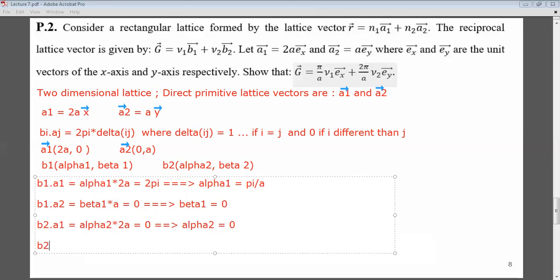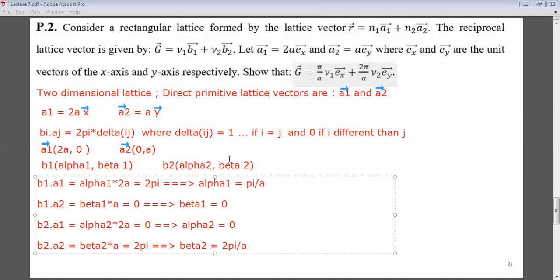And finally, B2 dot A2, it is alpha 2 times 0, that's 0, plus beta 2 times A. So it is beta 2 times A, and this is equal to 2 pi, because I and J are the same. So this implies beta 2 is equal to 2 pi over A.